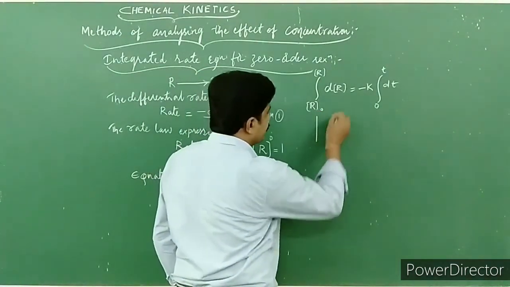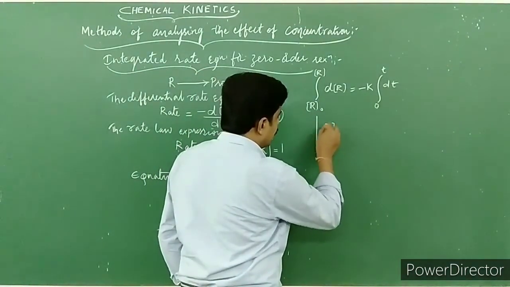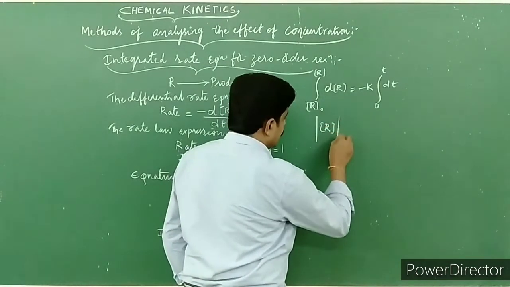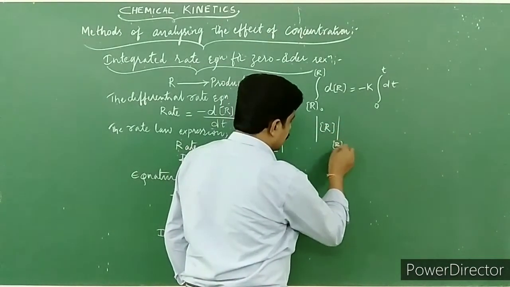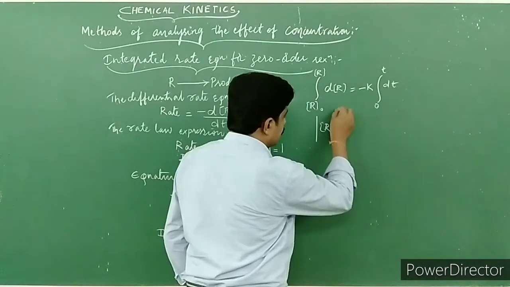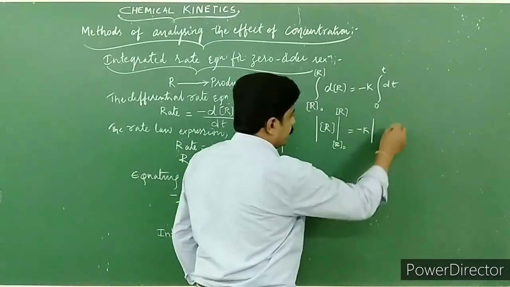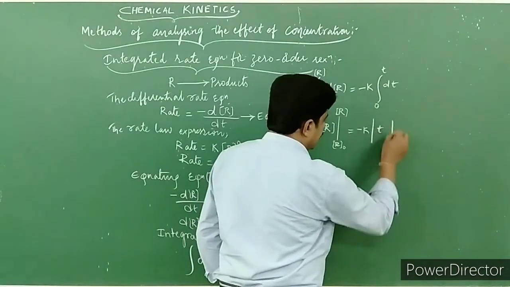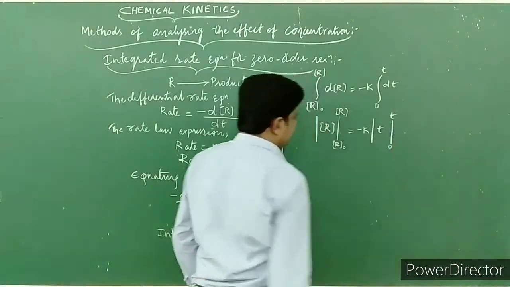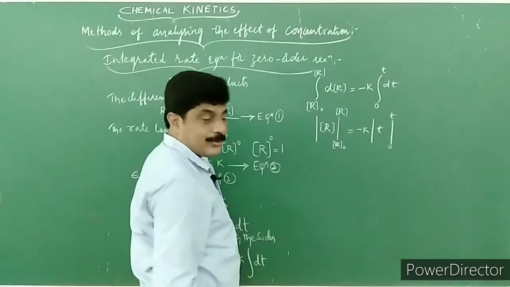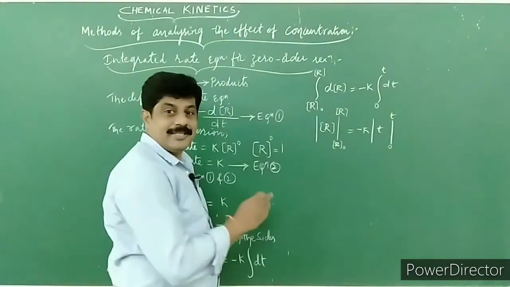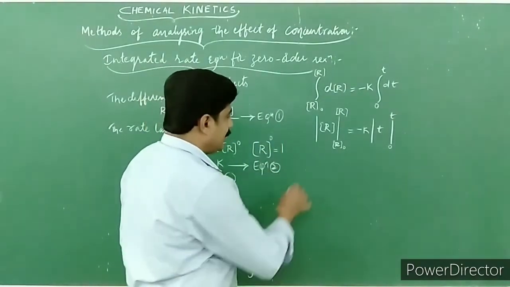Look at here, this will become R, is it not? R naught to R, that is equal to minus k into t, 0 to t. Now substitute the upper as well as the lower limit. What are you going to get?